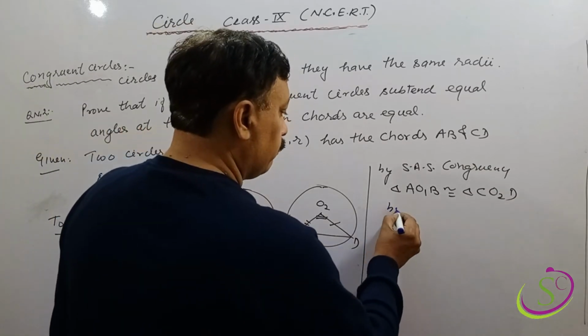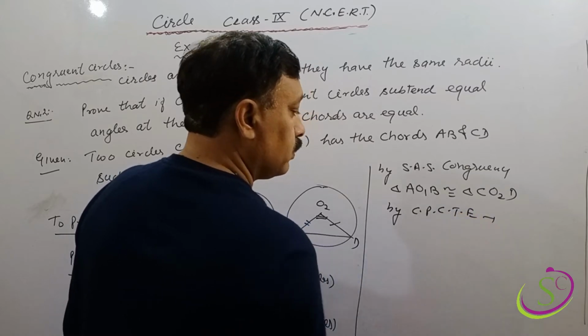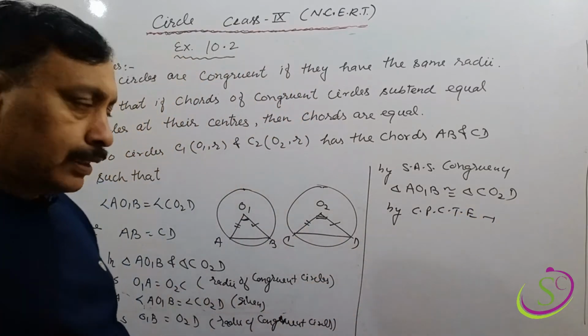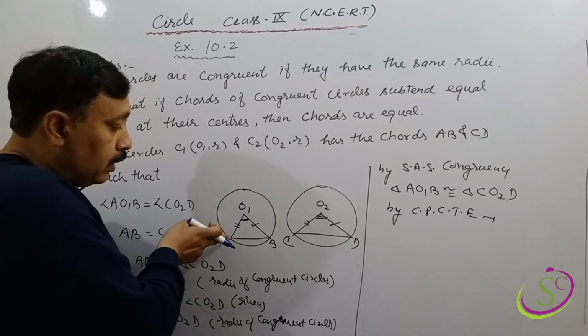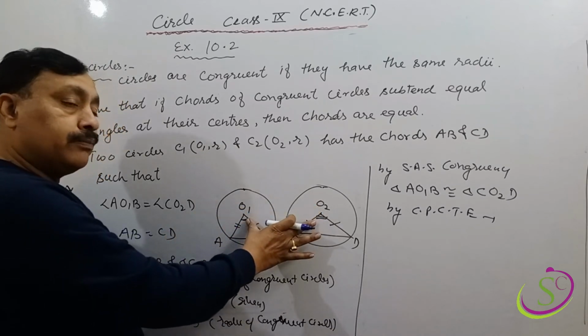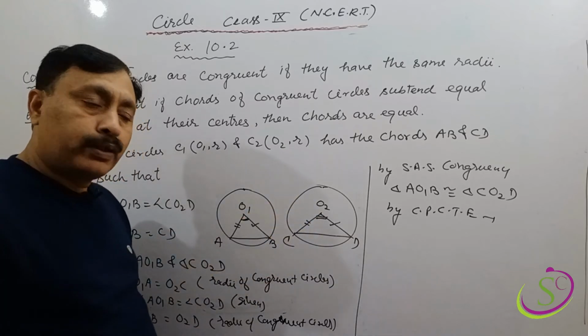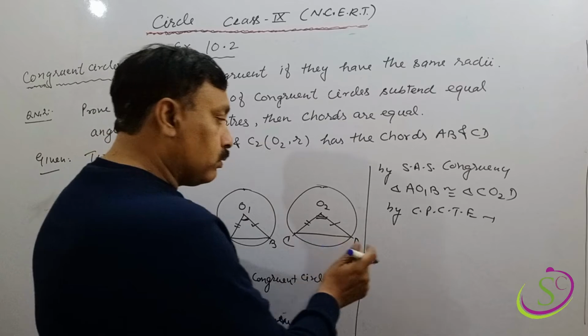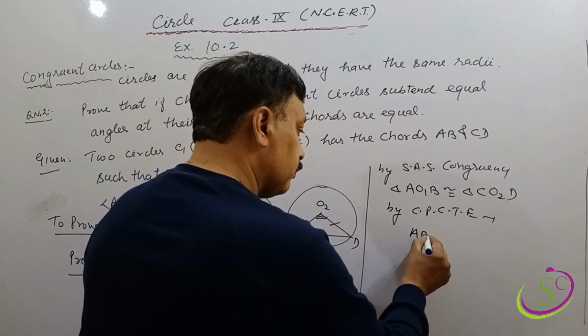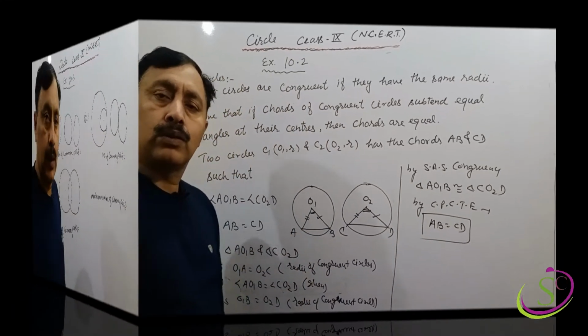So by CPCT, corresponding parts of congruent triangles are equal. So angle O1 and angle O2 both are equal. So the sides opposite to these two angles will also correspond. So AB equal to CD. Is it clear? Do it.